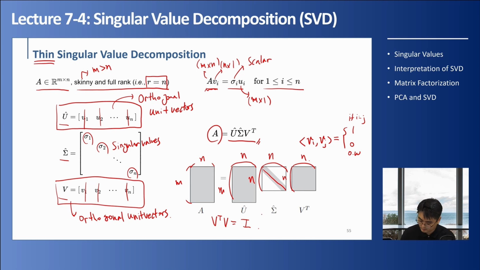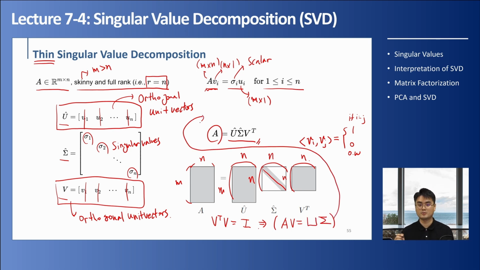So therefore, if we use this fact in this equation that we actually saw in the previous slide, AV equals U sigma, and if we multiply V transpose on both the left-hand side and the right-hand side, we get this equation here, because V transpose times V is the identity matrix.